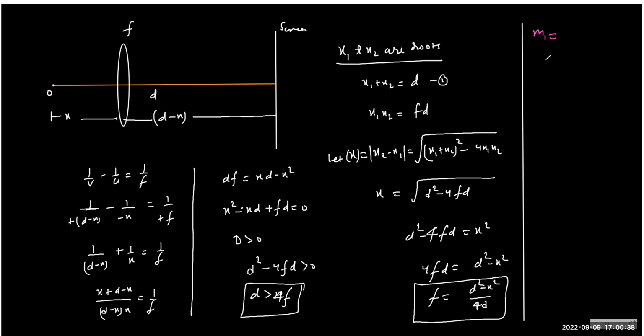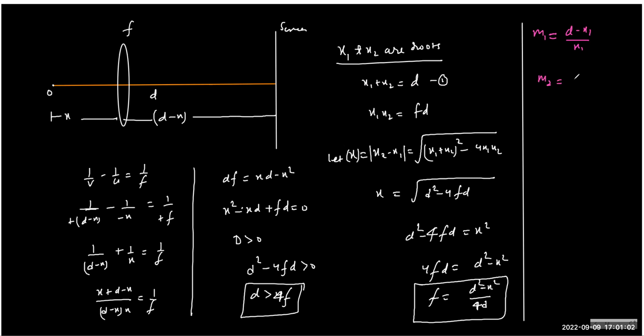In the first case, the magnification is D minus x1 by x1.